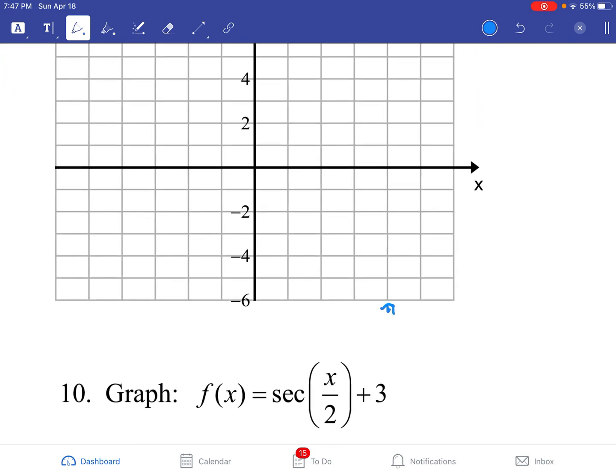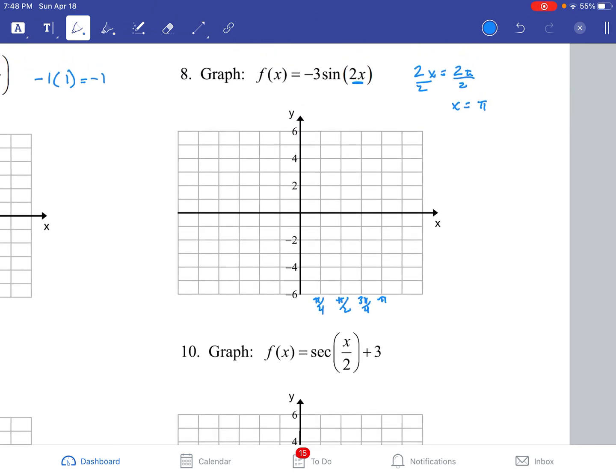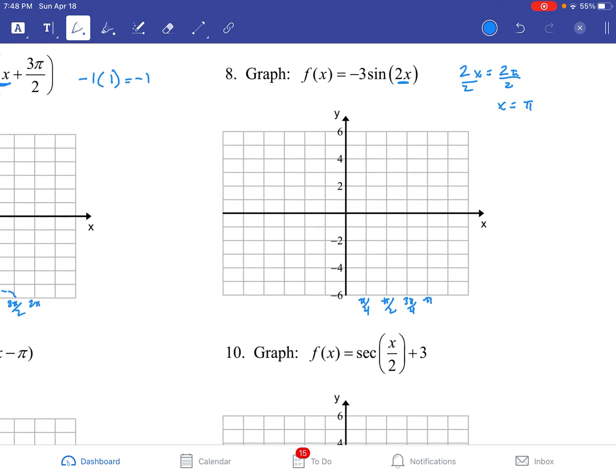So we go to our intervals. We have pi over 2. Half of that is pi over 4. 3 times pi over 4 is 3 pi over 4. There's no horizontal shift because nothing is being added or subtracted inside the parentheses. So we go to our first point. We have -3 times sine, which starts at 0, which gives you 0.